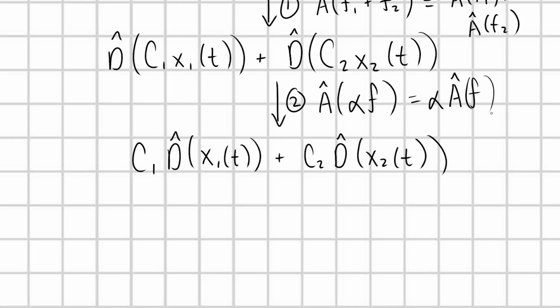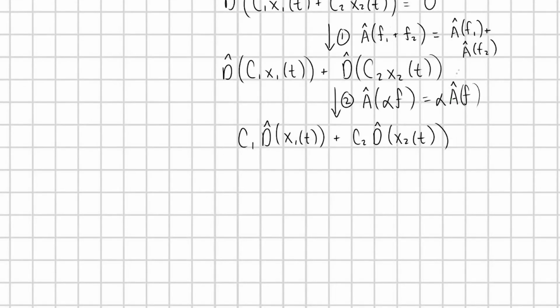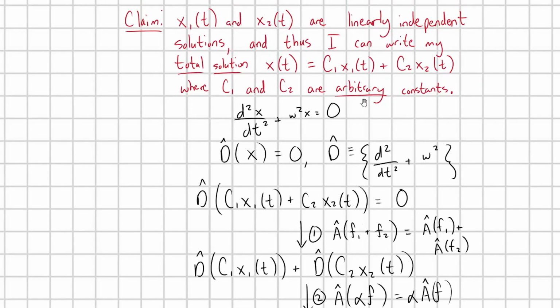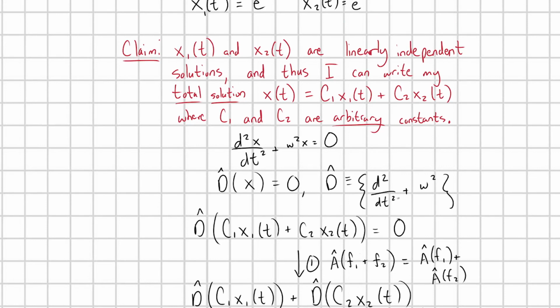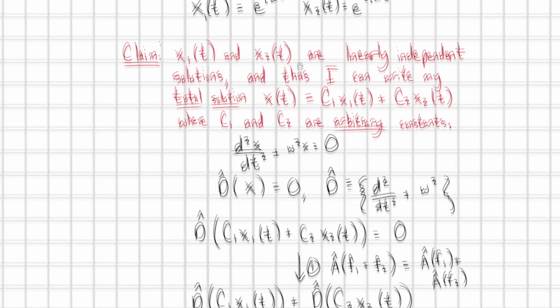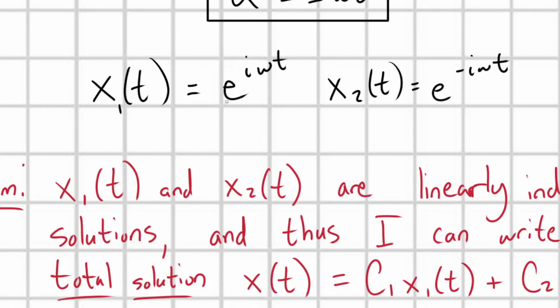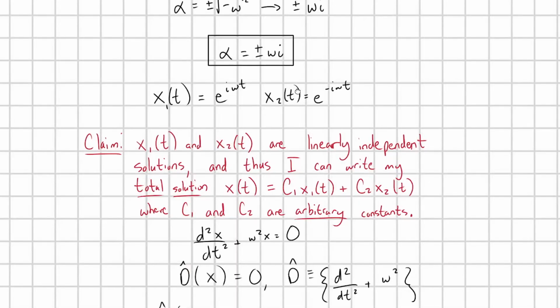Why is that powerful? Well, we already proved that when I apply the derivative operator d squared dt squared plus omega squared to x1, d hat acting on x1 of t gives me 0. And I already proved that d hat acting on x2 would also equal 0.